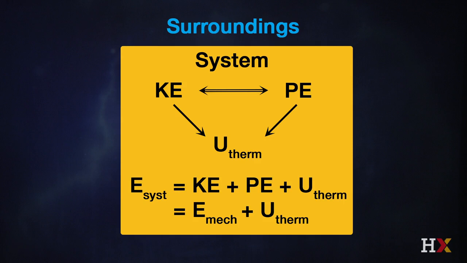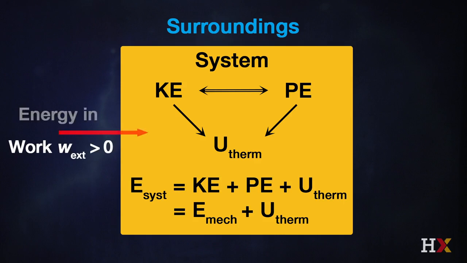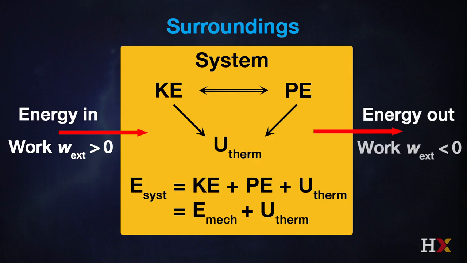But now we're ready for an important definition. When we look at the work, we're going to define the work done externally as greater than zero when work is done on the system. When work is done by the system, we define this as work being less than zero.